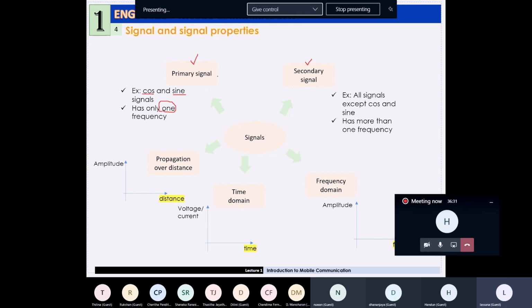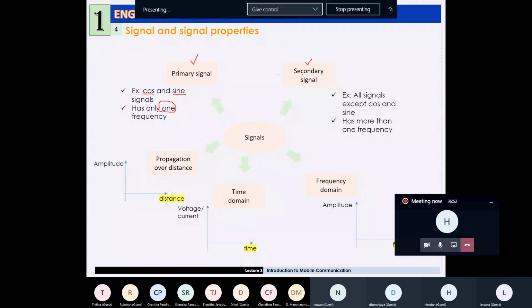Therefore, primary signal is the source of the secondary signal. Means inside a secondary signal, you may have two or more primary signals. When I say you have two or more primary signals, that means it has more than one frequency.